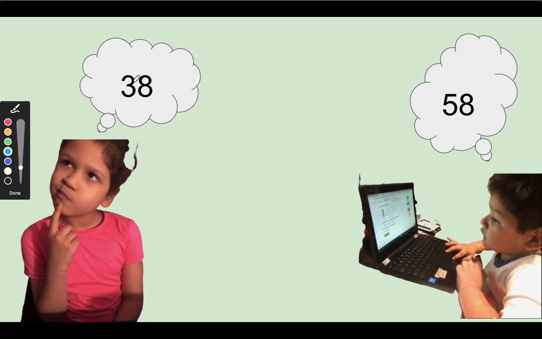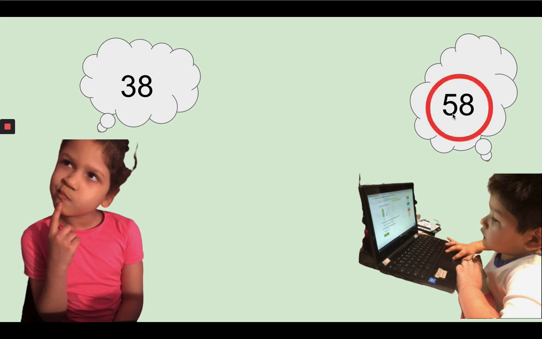Did they both have the same groups of ones? Yes, they did. But now my question is, who is thinking of the bigger number? That's right, Sebastian is. 5 tens is more than 3 tens. 58 is bigger than 38. So Sebastian is thinking of the bigger number.